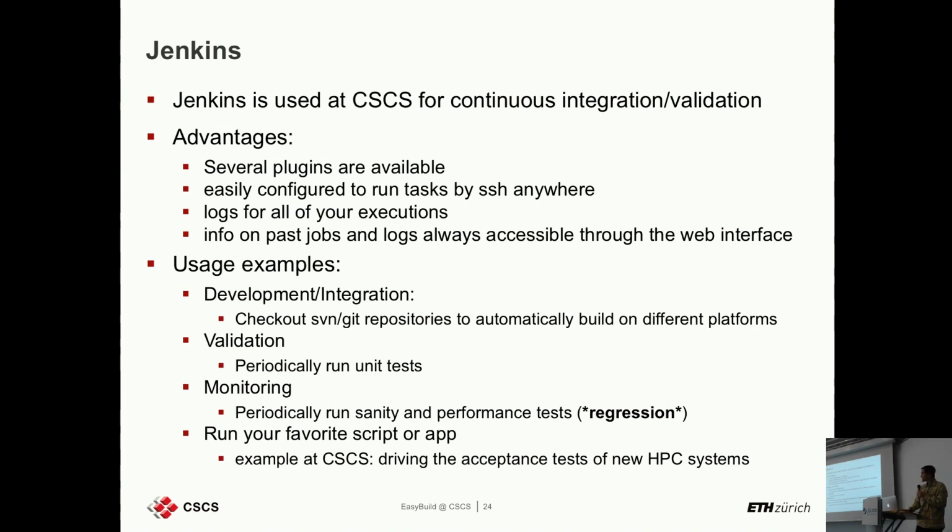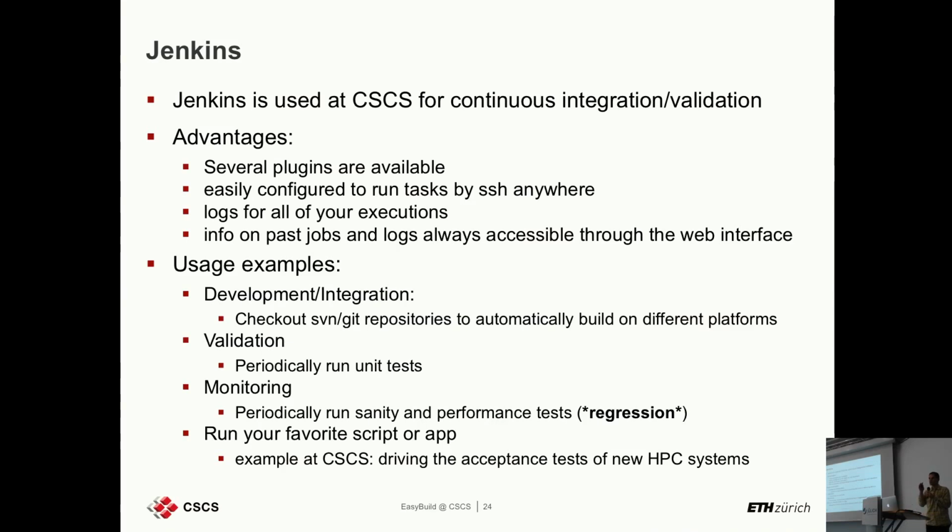Another usage example that we have at CSCS of Jenkins, apart from deployment of the software stack, is also the validation and regression testing of applications. So we have, let's say, a life cycle of our recipes. Everybody in our group is responsible for a set of applications.